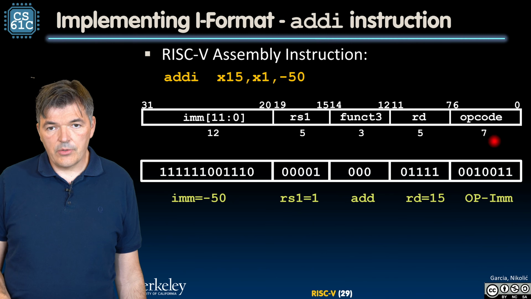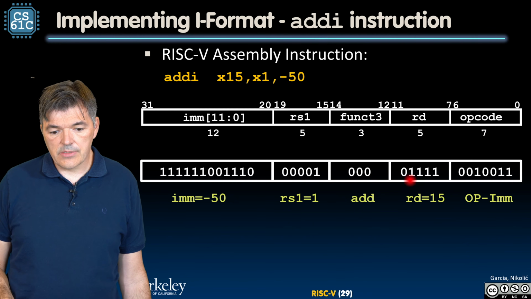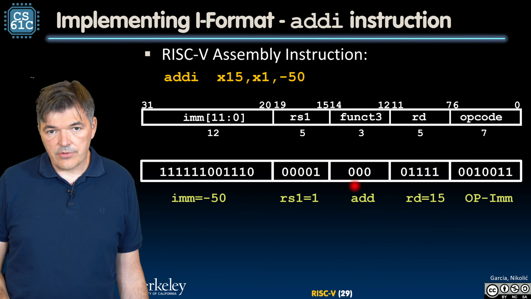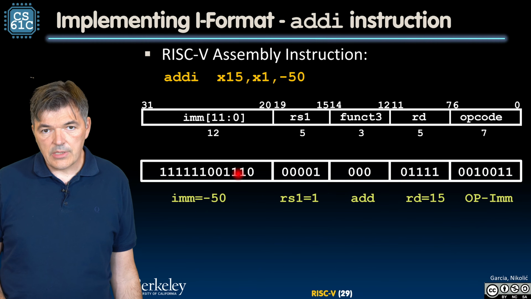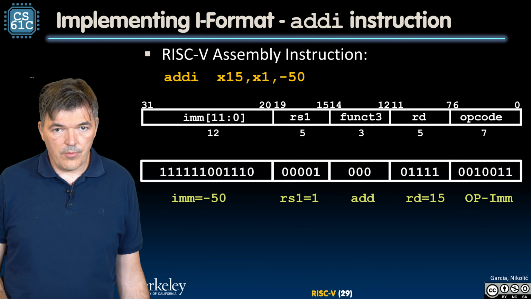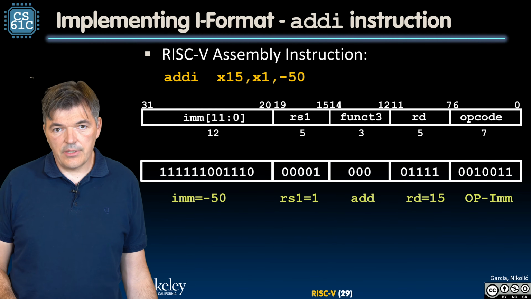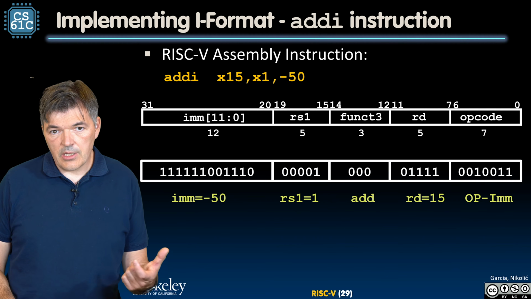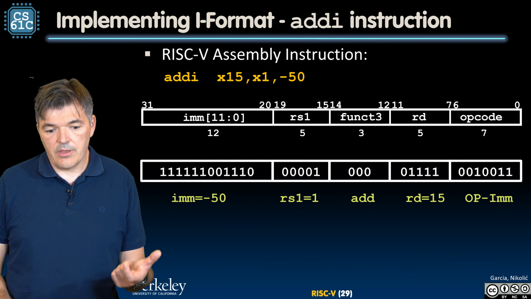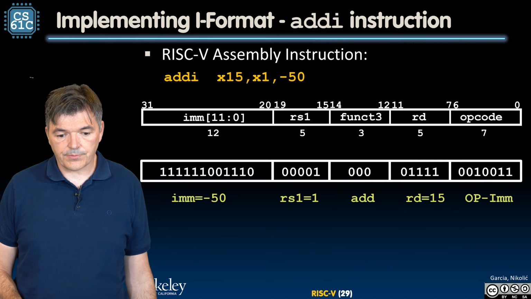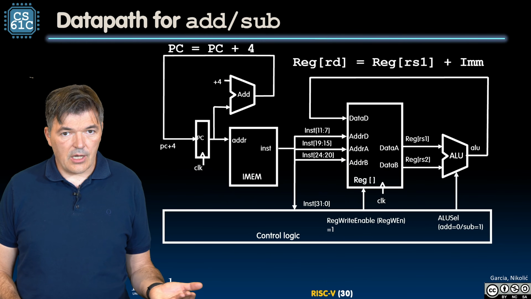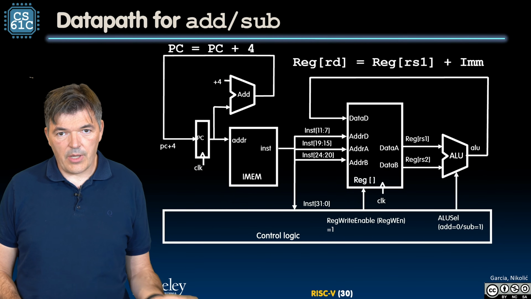It has a different opcode, but the fields for RD and RS1 are the same as in R types. Function 3 encoding is the same as before, but instead of the RS2 field that was 5 bits wide and the function 7 field that was 7 bits wide, it has one 12-bit field that stores the immediate value. So let's take a look at how we plug that into a data path.